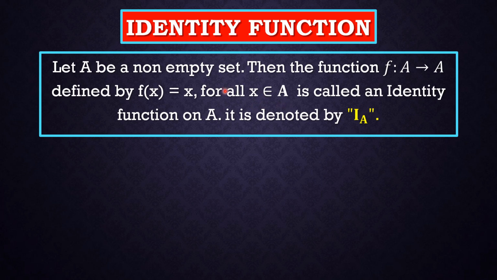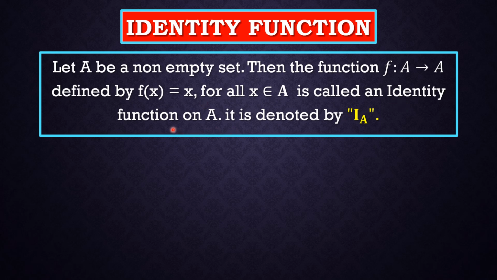This condition holds in an identity function. That type of function is called an identity function. Here the image of the element does not change. We observe the image of that element does not change in that type of function, so this function is called an identity function.